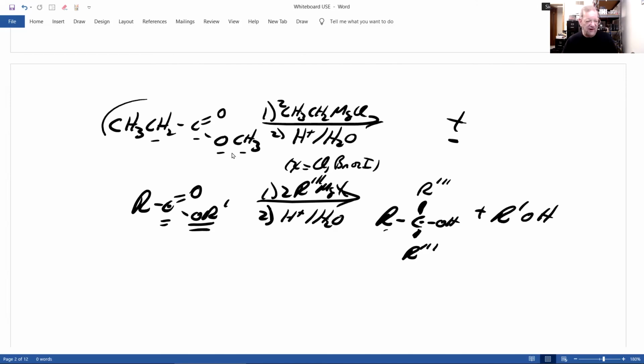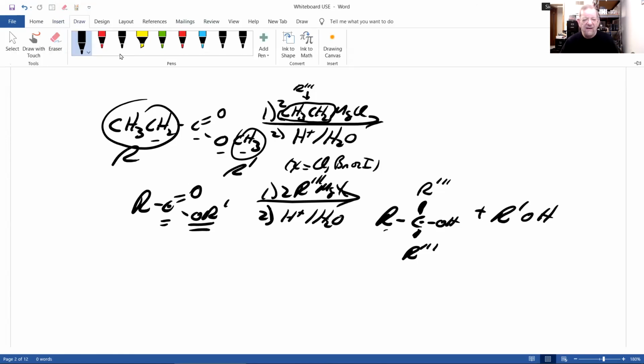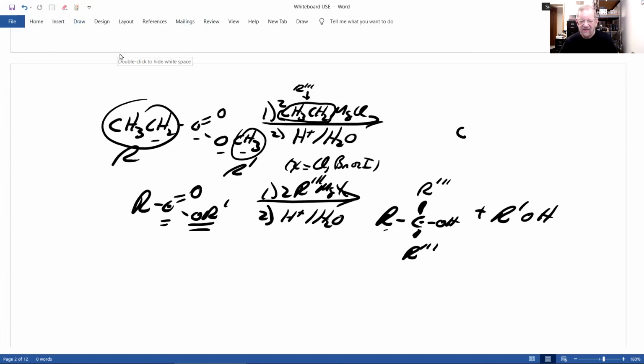So let's take a look. This is my R. This is my R prime. And this is my R triple prime. So I better give myself some more room here. Keep my eye on the carbonyl carbon.